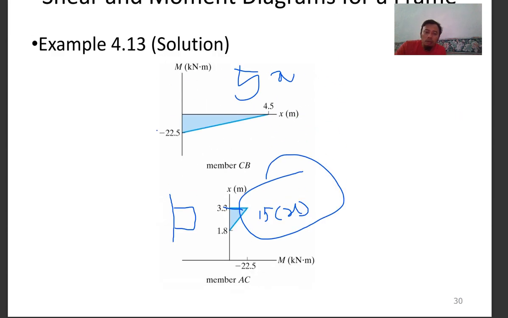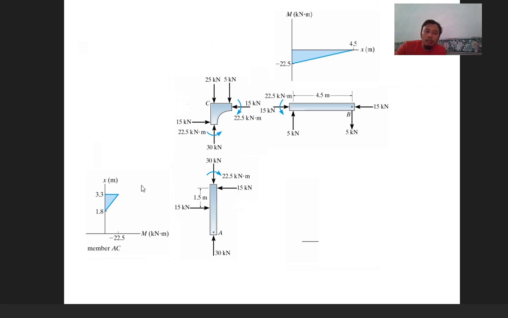So basically, when you draw your shear force diagram, any moment would be easier to show like this. So at this member, at point 15 kilonewton, you get increasing bending moment and then a sharp increase due to 22.5.